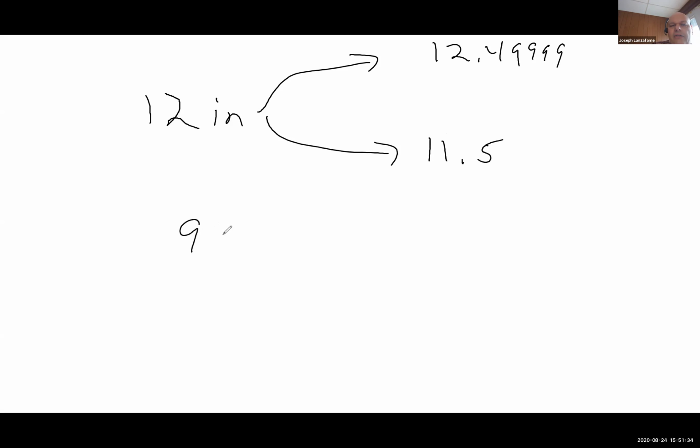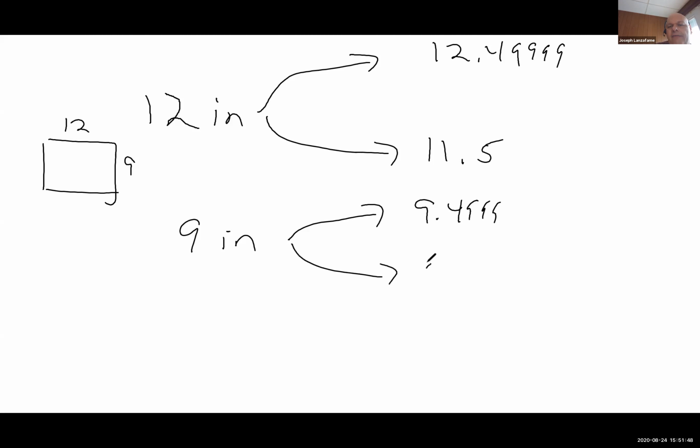And if I measured something else and I got 9 inches, so let's say I'm measuring a rectangle here, again, that 9 isn't exactly 9. It's somewhere between 9.5 and 8.5. And so if I multiply those two numbers together, I get 108. But not exactly 108.